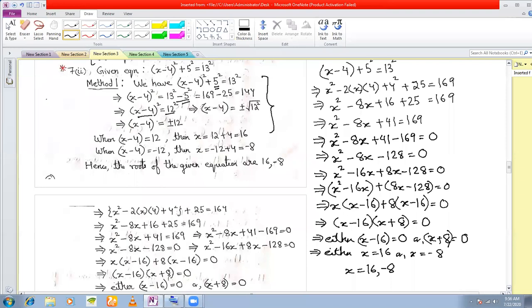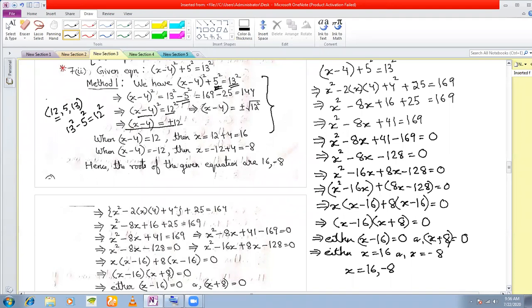Why did I do this? The point is that you must realize you have a Pythagorean triplet. You know that 12, 5 and 13 is a Pythagoras triplet, right? And you see a 5 square here and a 13 square here. That means the only one that is missing is 12. If I take 13 square minus 5 square, I'm definitely going to get a 12 square, right? So that is why I solved this method.